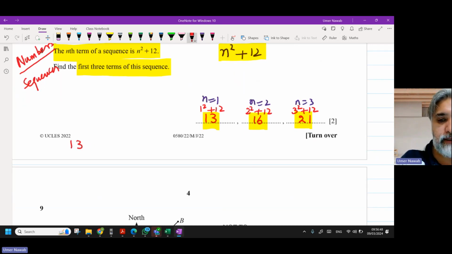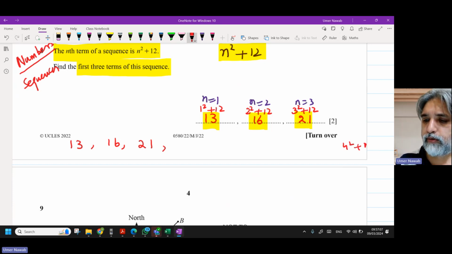If these three terms were given to me and I wanted to find the nth term, it was easy for me to find. What is 4 squared plus 12? This is 16 plus 12, which will give me 28, and it moves on forever.